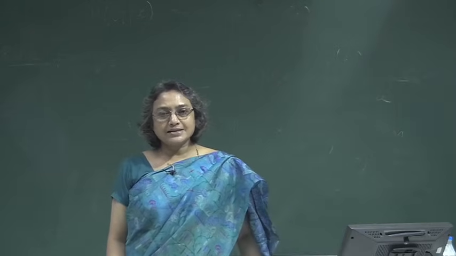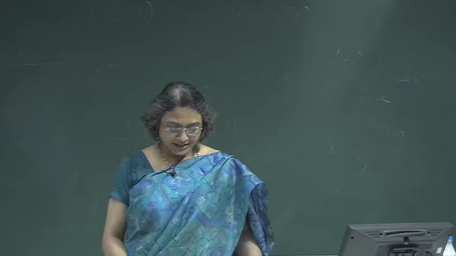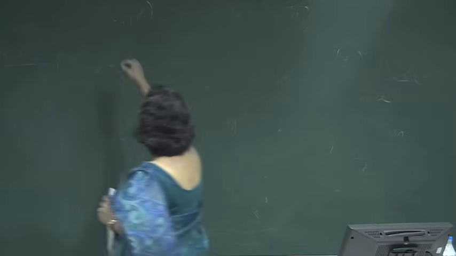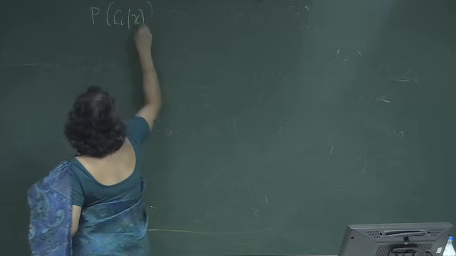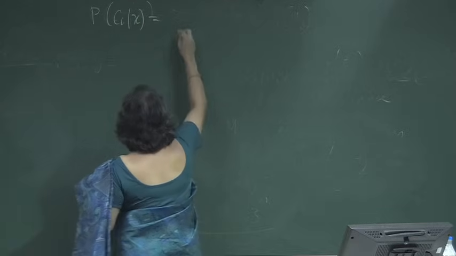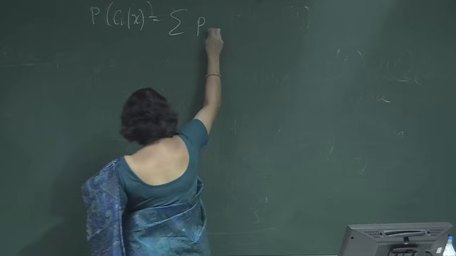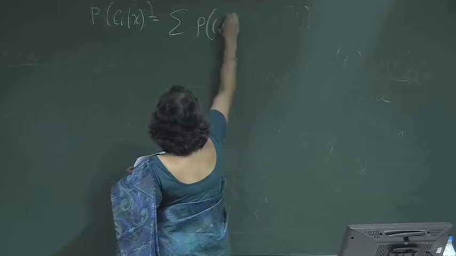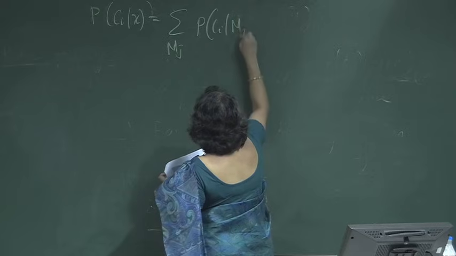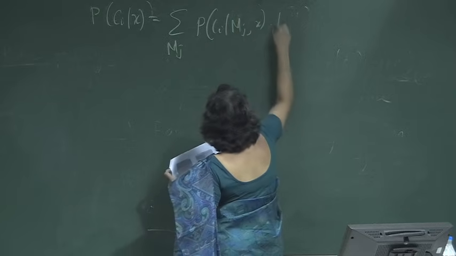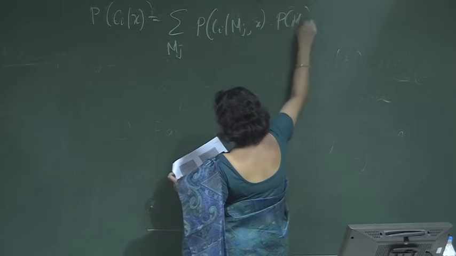So, from the Bayesian perspective, we have seen that probability of Ci given x is equal to the sum over all models Mj of probability of Ci given Mj and x times probability of Mj.